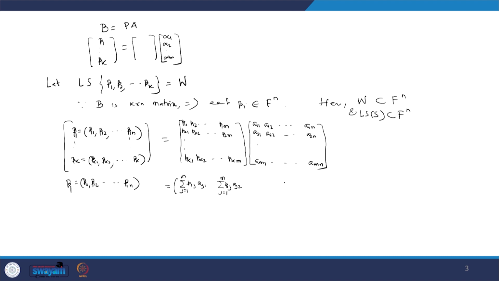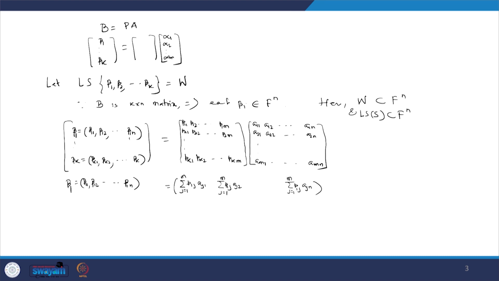Similarly the nth entry will be sigma P1j Ajn, j equal to 1 to m. Each entry is basically a finite sum.